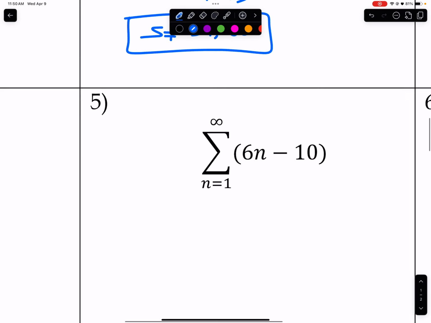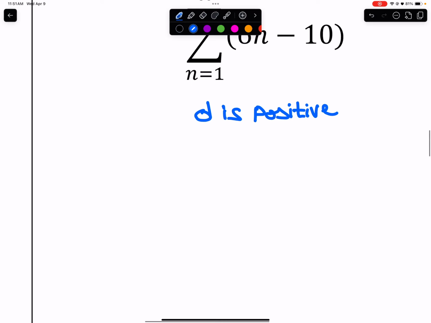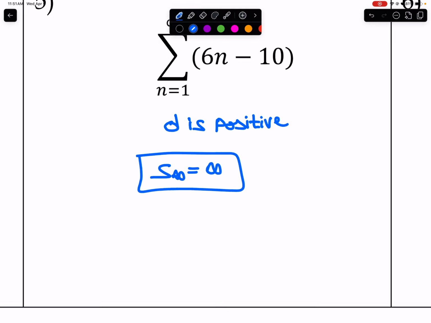Now, you have to pay attention to the common difference. Your common difference in this case is positive. So because it's positive, it's going to diverge, and the infinite sum would be positive infinity. Now, if the common difference was negative, then it would be negative infinity.